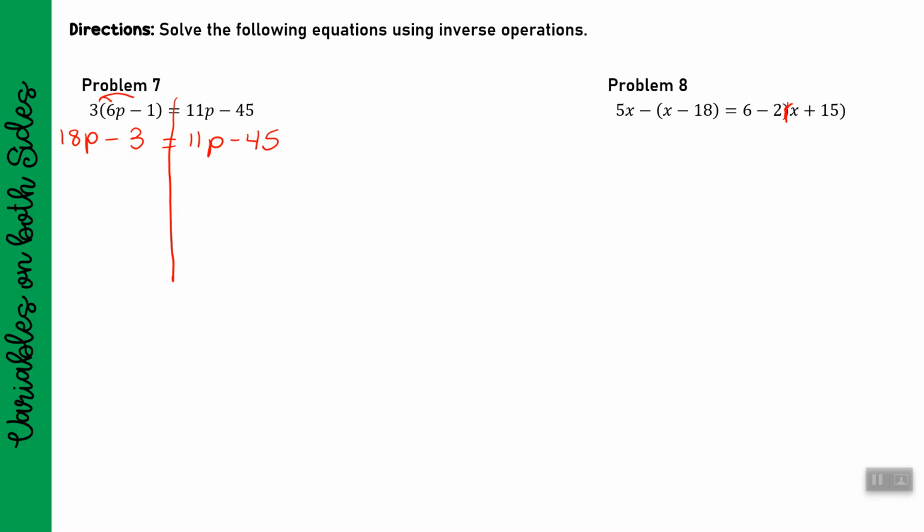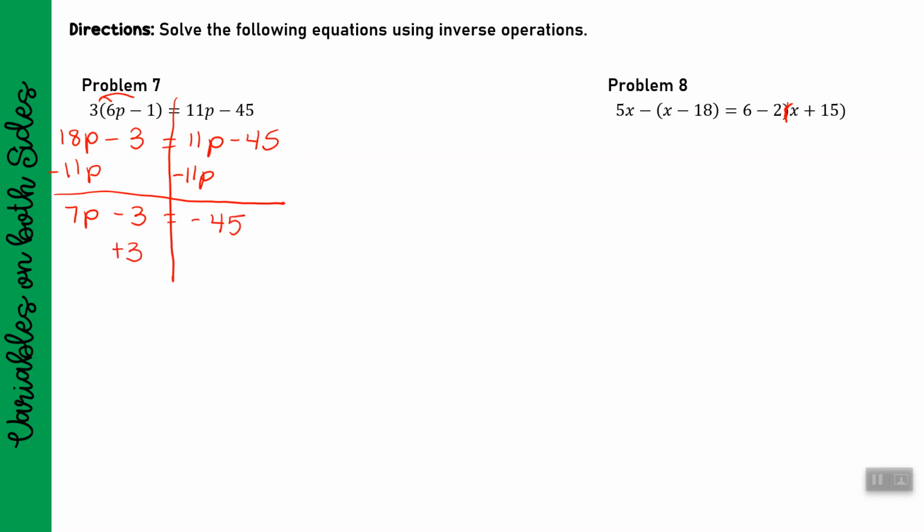I distributed, that helped me simplify, but there's nothing else I can simplify on either side. So now I get to use my inverse operations and solve. So I'm going to go ahead and subtract 11p from both sides. 18 minus 11, so I'm going to get 7p minus 3 equals -45.